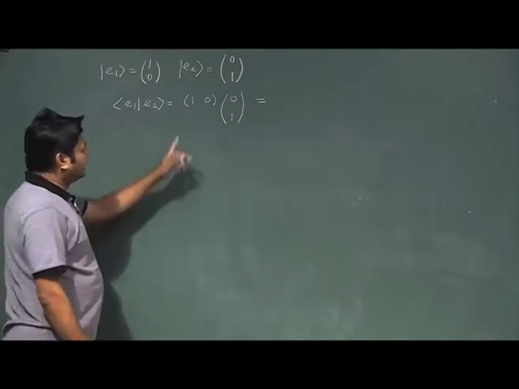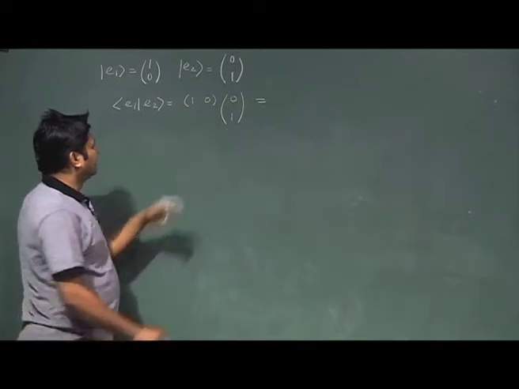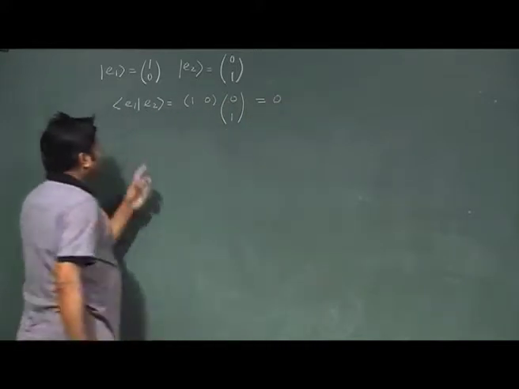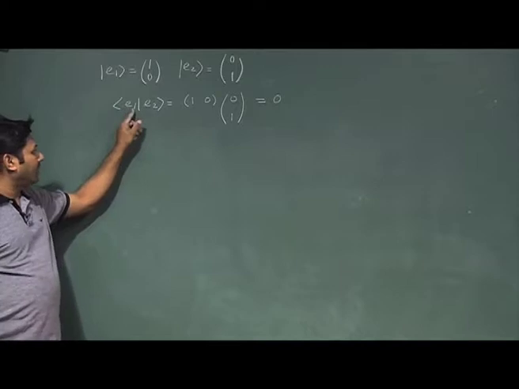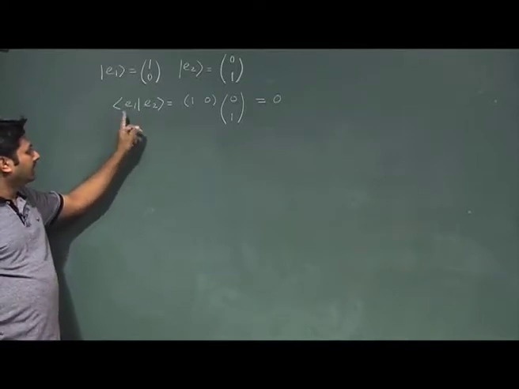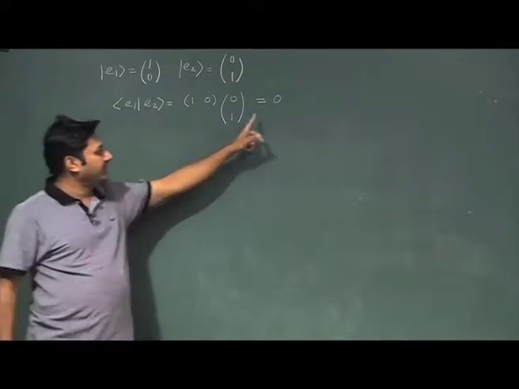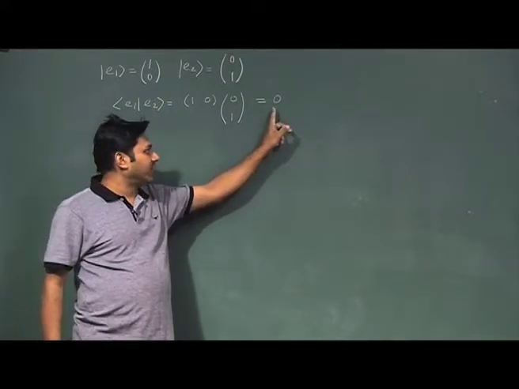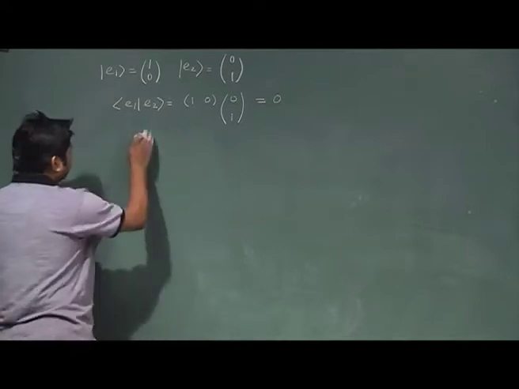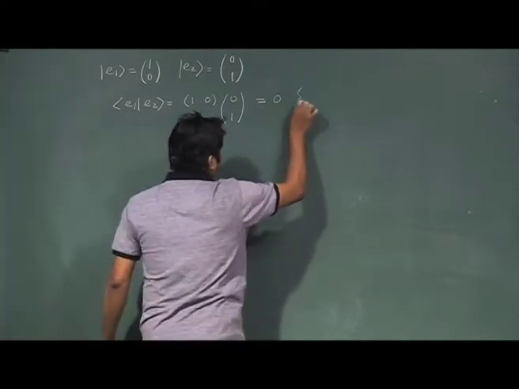What value am I getting? It is 0. That means whenever I change 1 and 2, the coefficient is changing, it is not the same coefficient, and I am having 0 in my hand. So that means they are orthogonal to each other. The first thing, they are orthogonal.